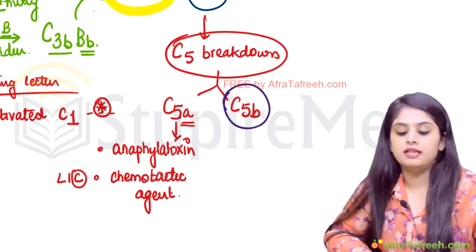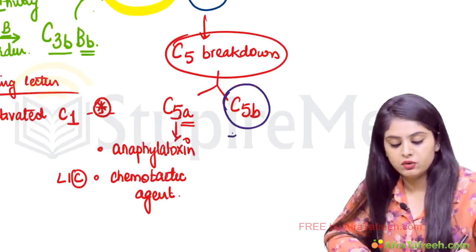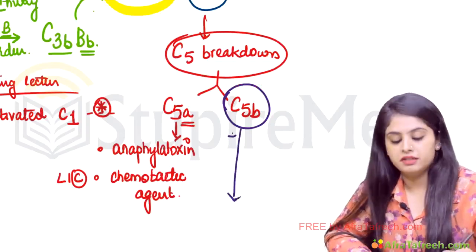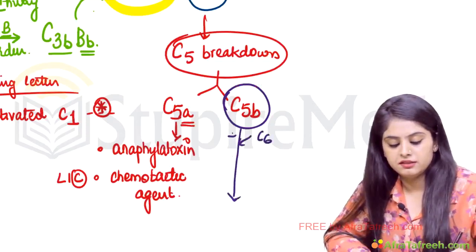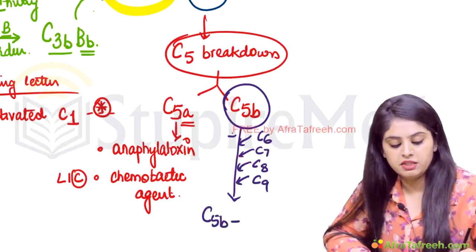C5b, on the other hand, is one very social person because this is then going to combine with C6, C7, C8, C9 to form a complex C5b to C9. All of them will join together.